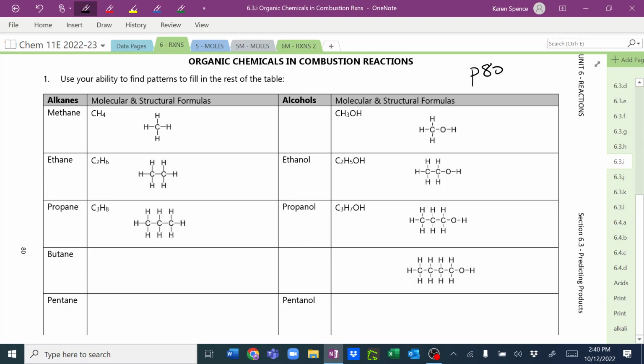A little hint. When you get tired of drawing H's, if you just draw sticks, everyone will assume there's H's on the end. So a stick with nothing on the end has an H on the end. But if it's coming off of an oxygen, make sure you put the H. Okay, it's just if it's coming off the carbons, you can just use stick. Save yourself some effort. You committed to H. I hear you. Yep.